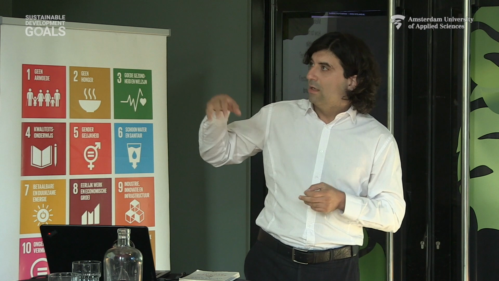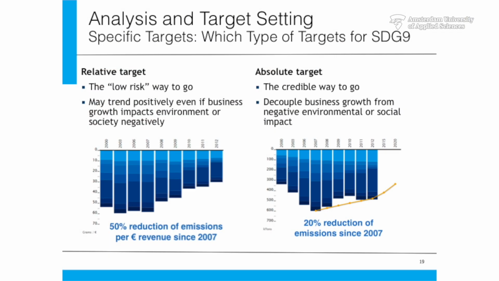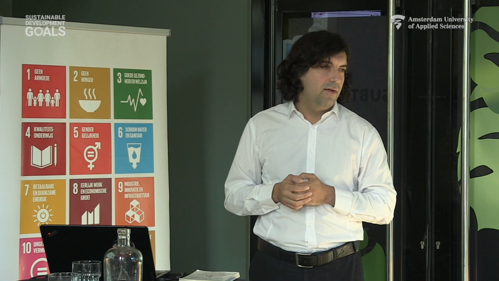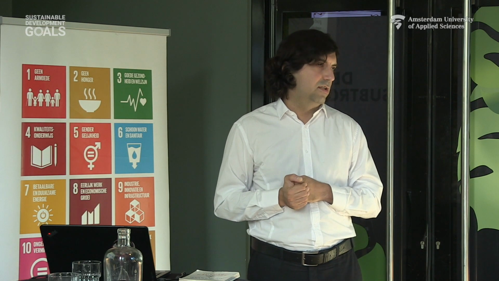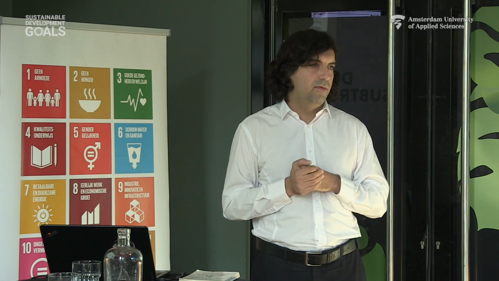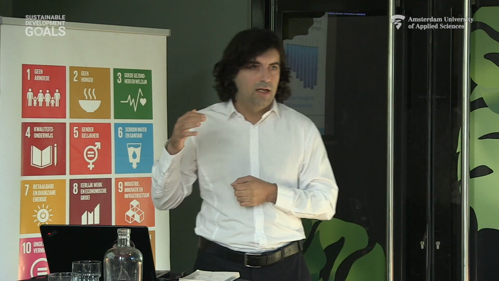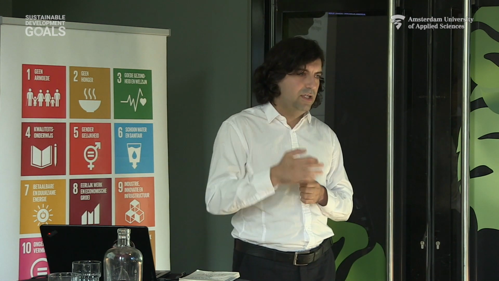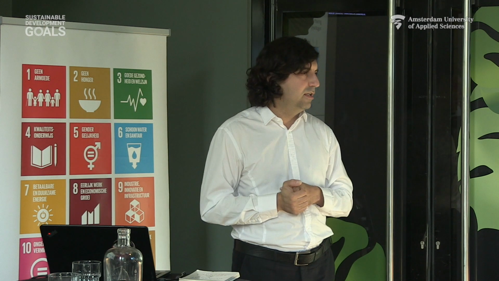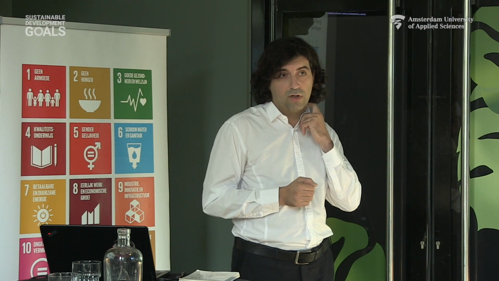I'm going to try to talk about some of them quickly. In terms of specific targets, in the particular case of SDG 9, we can have 2 different target types. If we have greenhouse gas emissions and we would like to cut them, we can go for a relative target or an absolute target.